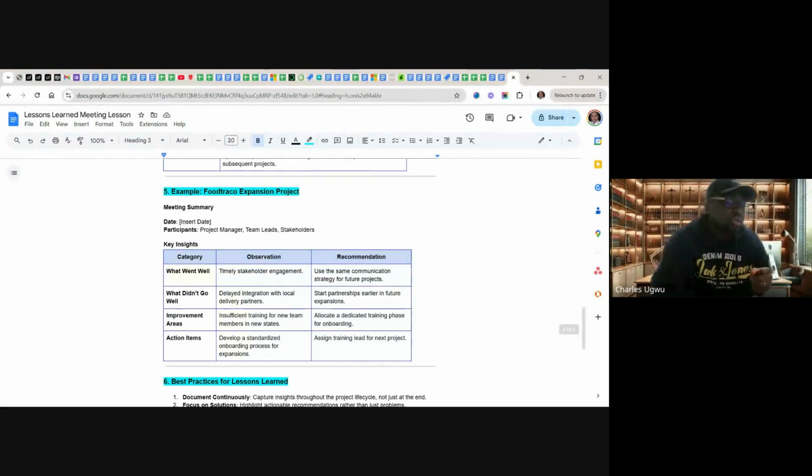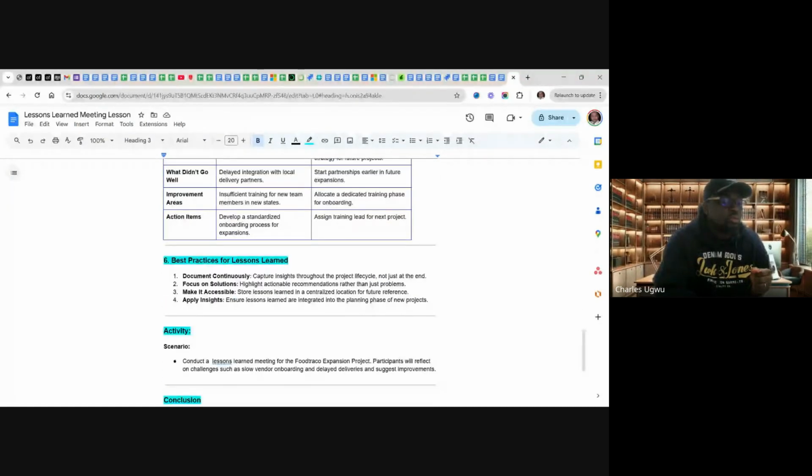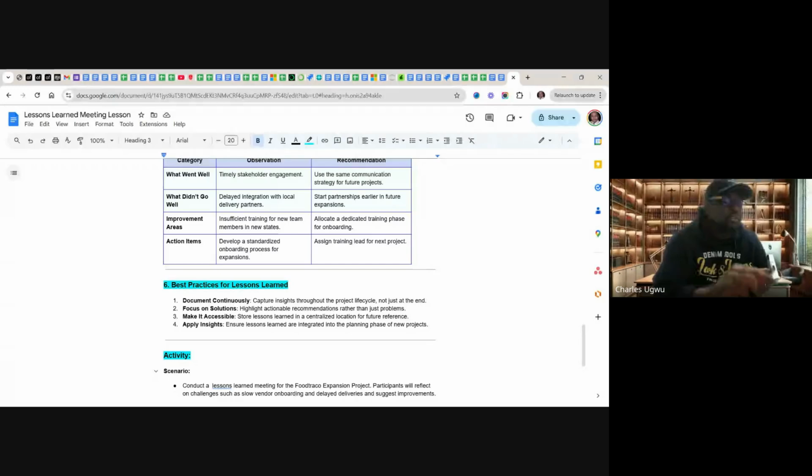That is why you have action items. So what should we say is a best practice if we want to organize a lesson learned meeting and do a documentation? Document continuously.